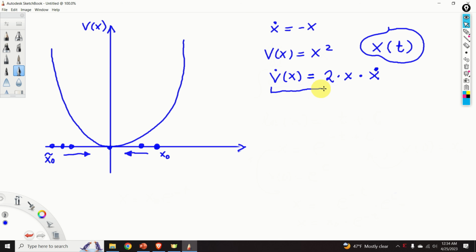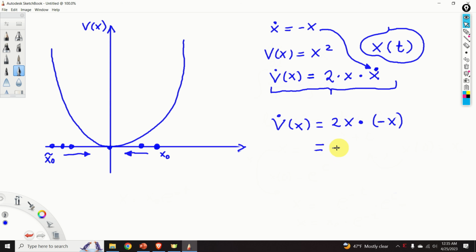So this is the first derivative, and this is the general form of the first derivative. Then we want to compute the first derivative along the state trajectories. So we basically substitute our state equation in this equation. And as the result, we obtain 2x times minus x, which gives us minus x squared.